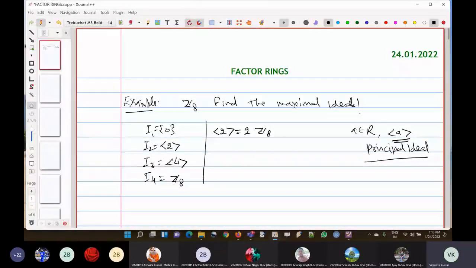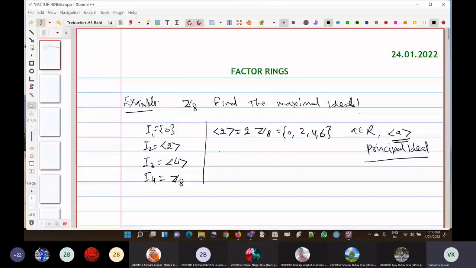So they are the same. And in this we have the elements 0, 2, 4, 6. These are the elements in the ideal generated by 2.